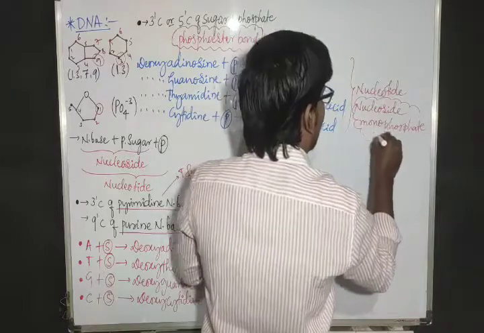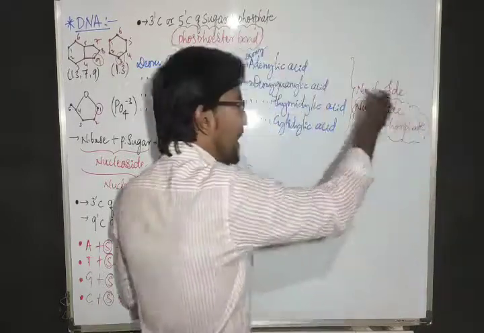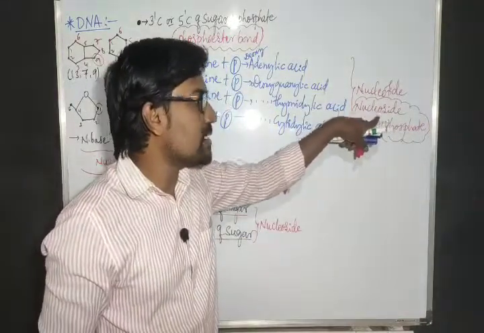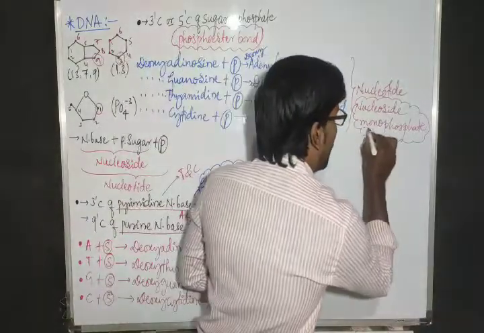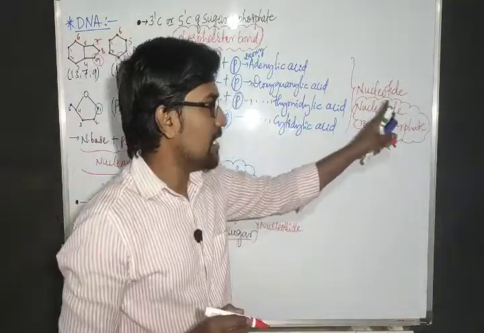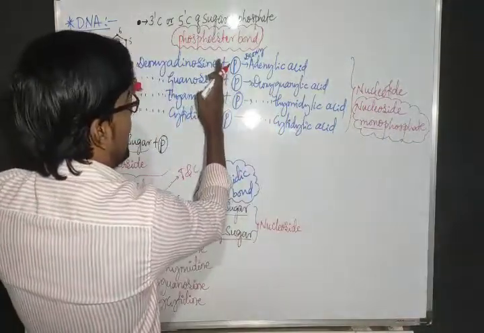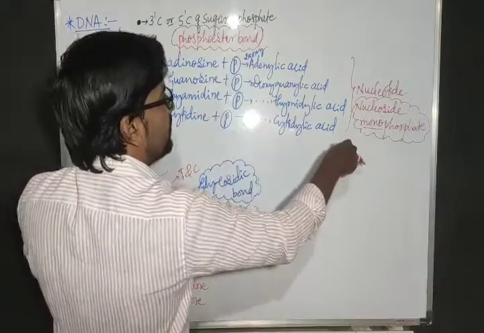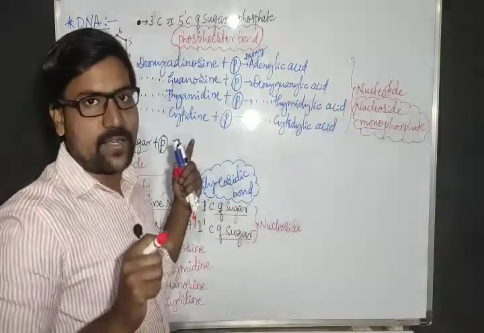It's another name. Mono means what? Single. Single phosphate. Nucleosides combined with the single phosphate means nucleoside monophosphate.